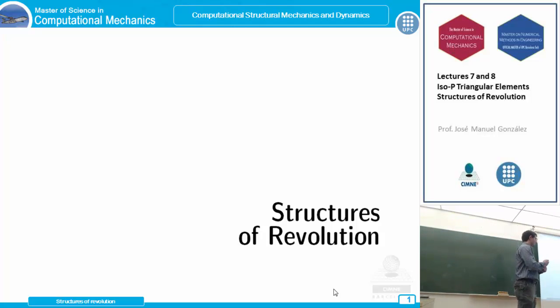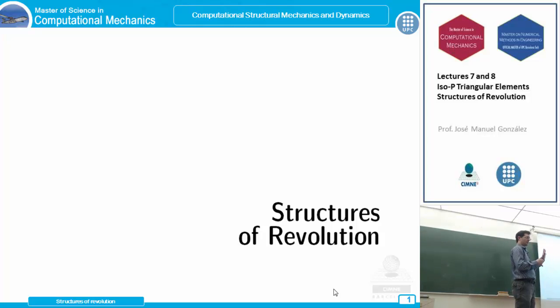So structures of revolution are quite useful in structural engineering, because sometimes we must deal with pipes, for example, or tubes, or mechanical engines, jet engines, columns. There are lots of structures which have this axisymmetric geometry distribution. So for structural analysis, sometimes we can model a problem using this axisymmetric formulation.